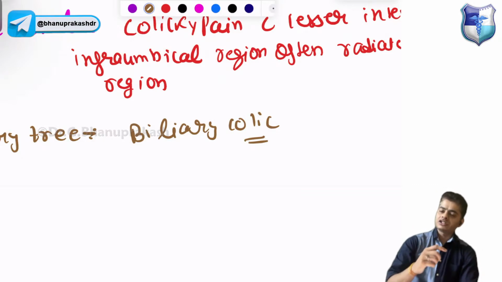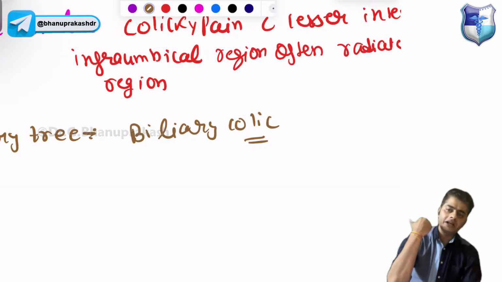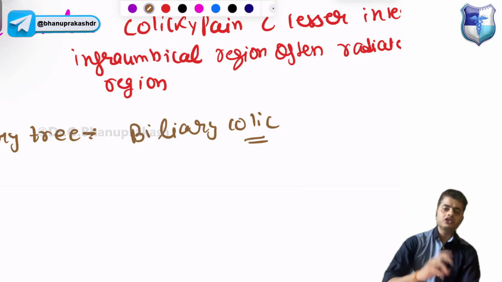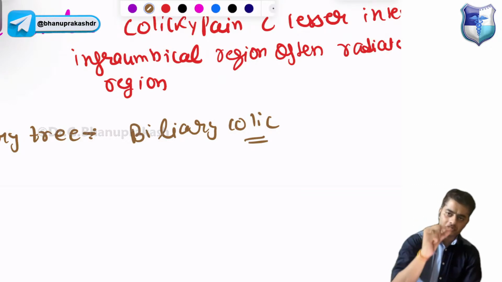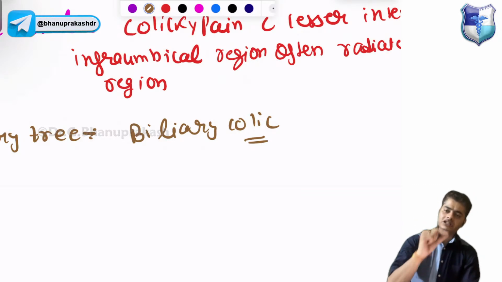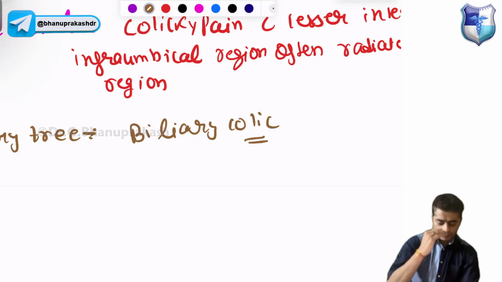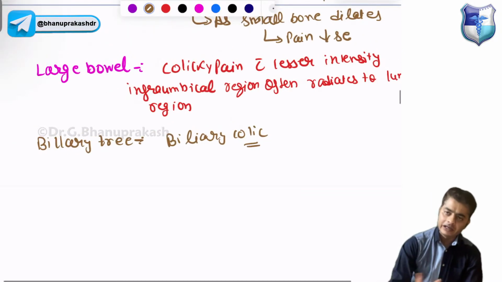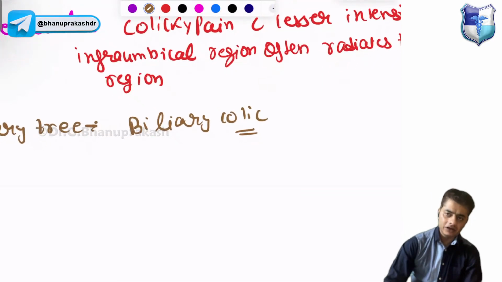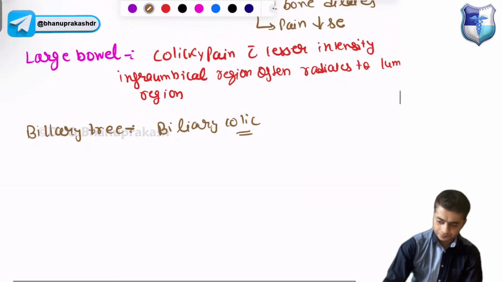So this sudden distension will not let the colic pain be there. It converts the pain to a steady type of pain. Dilation will convert it into a visceral peritoneum type of pain. That's why in biliary tree obstruction you don't get a biliary colic pain. This term was given initially, but now it is a misnomer.